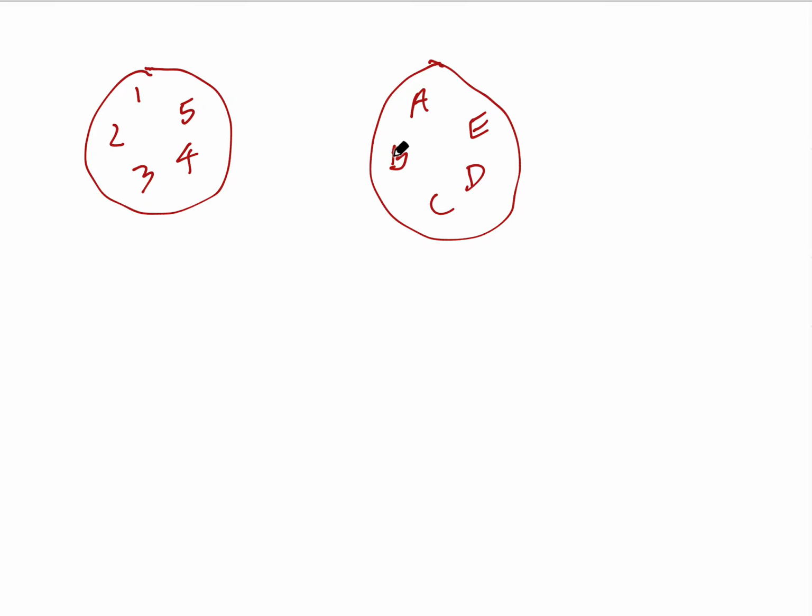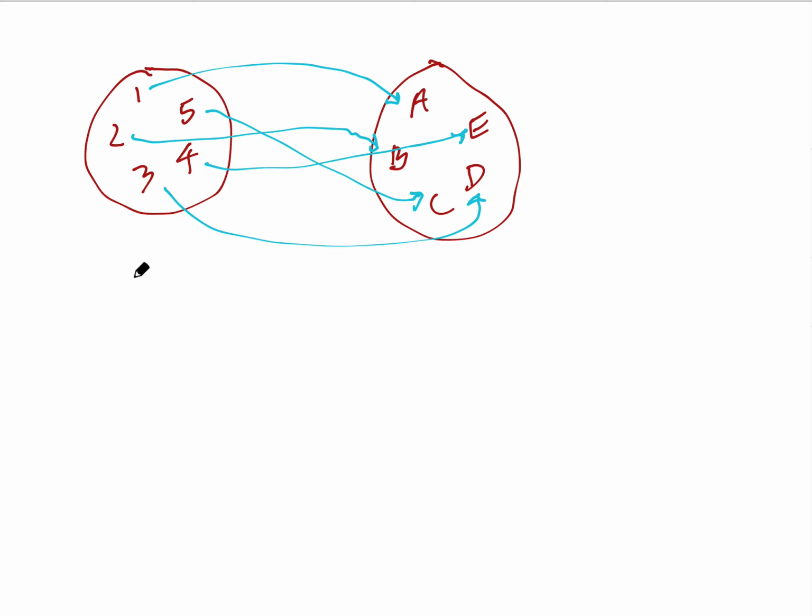We can say that these two sets have the same cardinality because there is a bijection which maps every element in the first set to an element in the second set in such a way that the mapping is total, surjective, and injective.